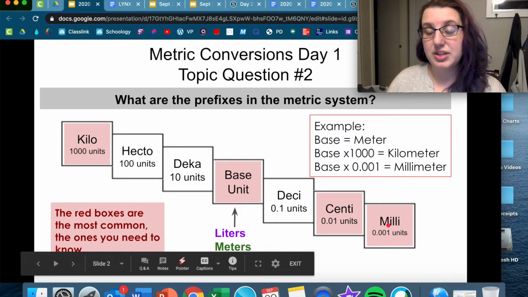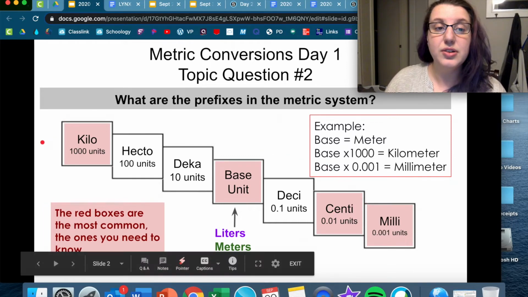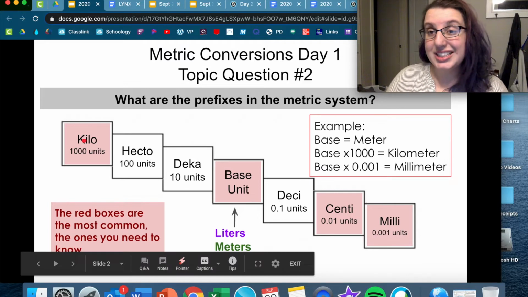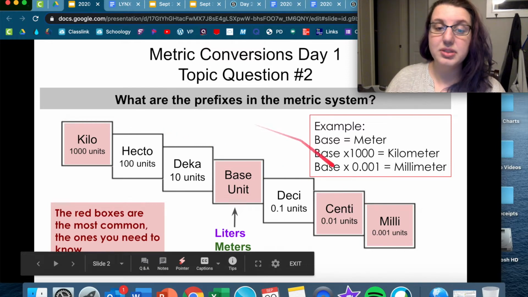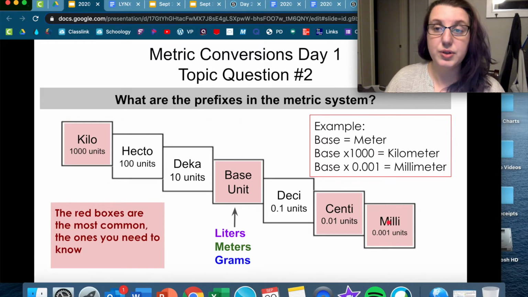Those are the main ones that you need to know, but know that they also apply to grams and liters: kiloliter, centiliter, milliliter, and also kilogram, centigram, milligram. If you look on any nutrition label for any food, you would see mg for milligram all the time, because most things are in milligrams on food labels.